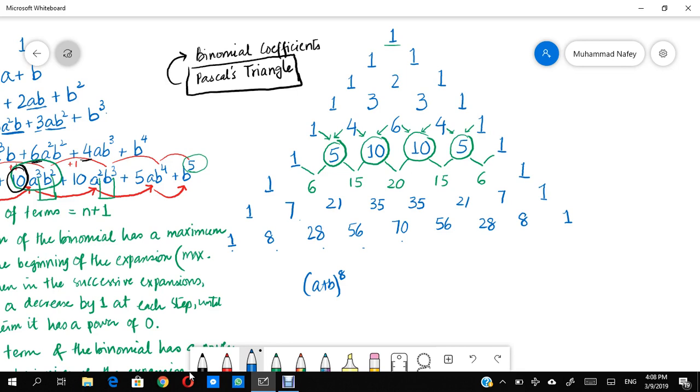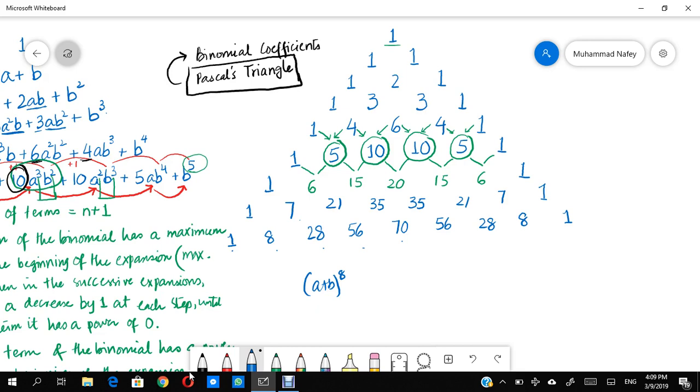Mathematicians started to look for such a shortcut and such a formula that would help us obtain these coefficients directly, without the need of making Pascal's triangle or even knowing the term of the expansion just one step above the expansion that we require, and they were able to come across such a formula.